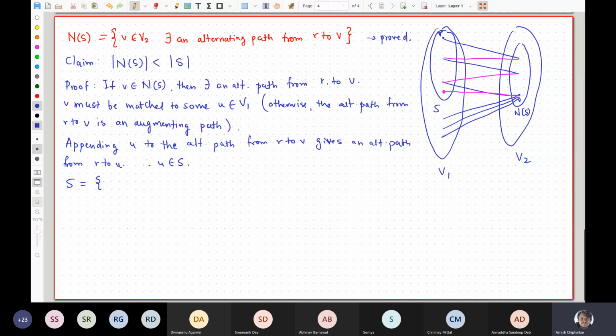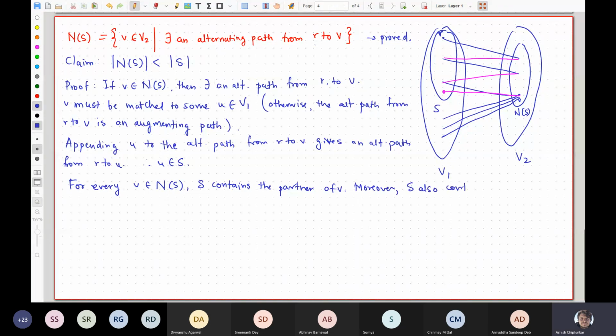S is equal to the set R union, for every V in V2, V in N of S, S contains the partner of V. Moreover, S also contains the unmatched vertex R. So here, by partner, we are referring to the vertex in V1 that matched to V from the maximum matching.